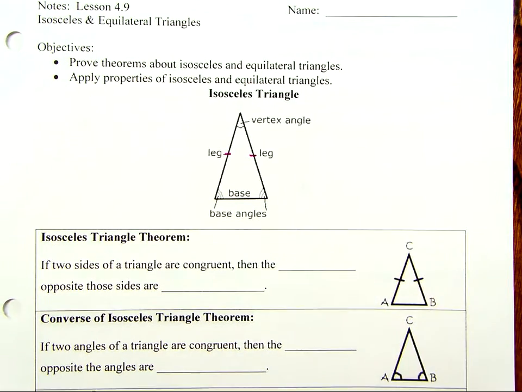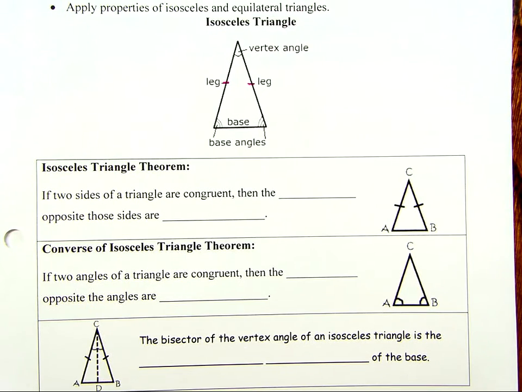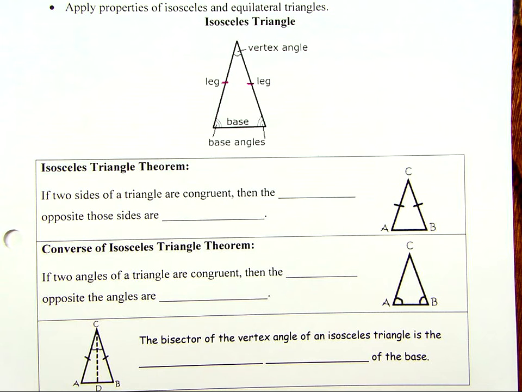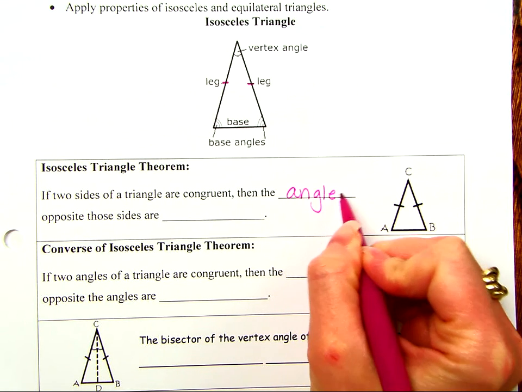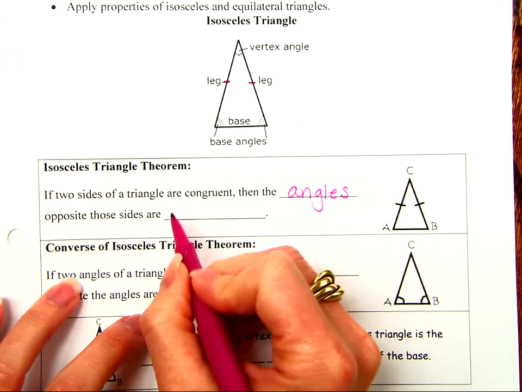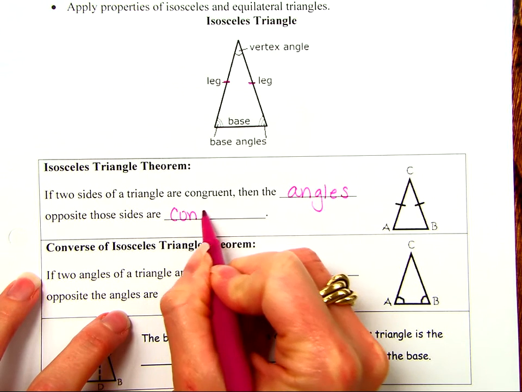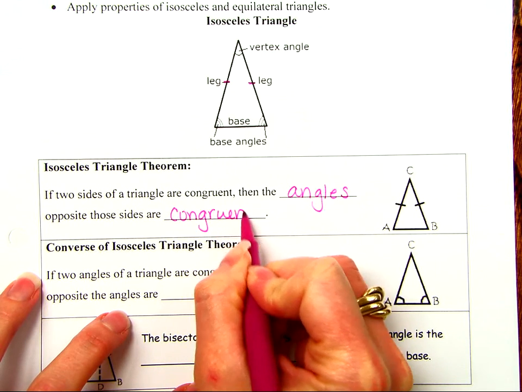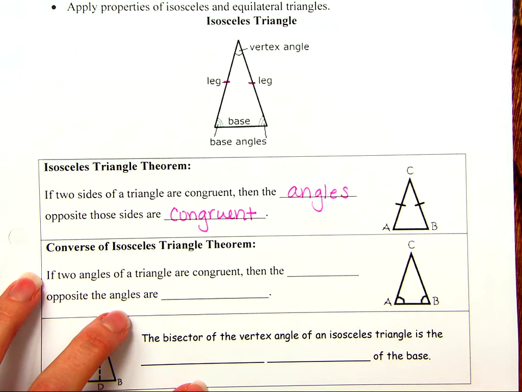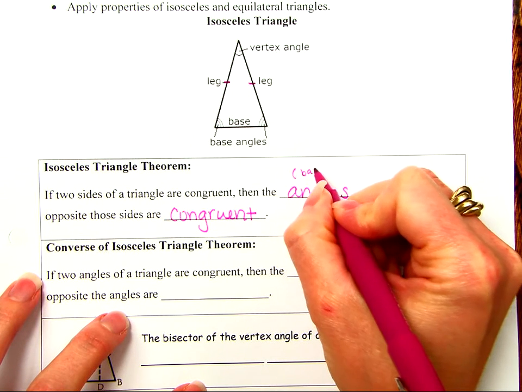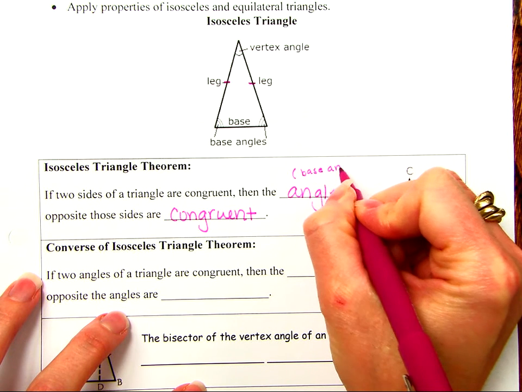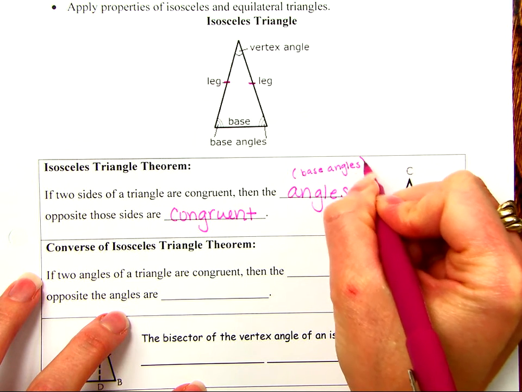So if we take a look at our isosceles triangle theorem, it says that if two sides of a triangle are congruent, then the angles opposite those sides are also congruent. Those angles opposite those sides are really the base angles being congruent.